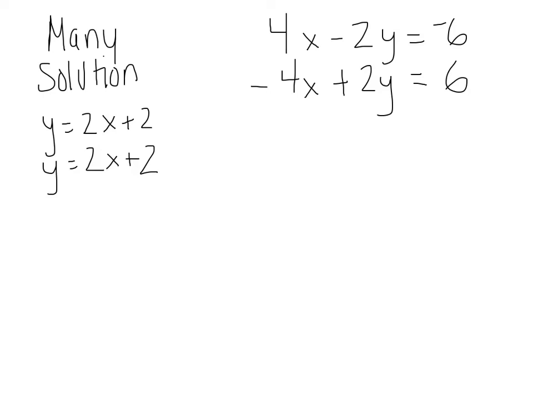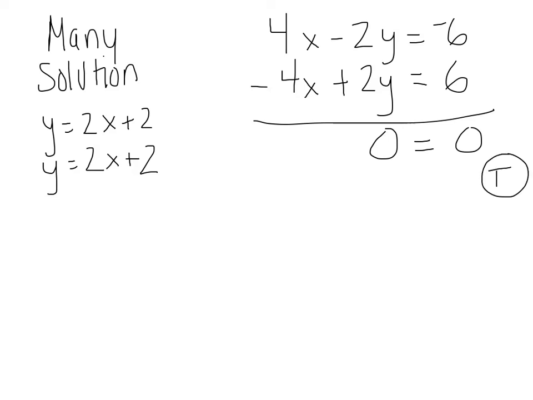So I have a positive 4x minus 2y equals negative 6 in the top, and I have a negative 4x plus a positive 2y equals 6 in the bottom. When I solve this, I end up getting 0 equals 0, which is absolutely a true statement. So when both variables are eliminated, that means that I have the same line, right? When I simplify both of them, if I went back and isolated the variable, I would end up with the same line.